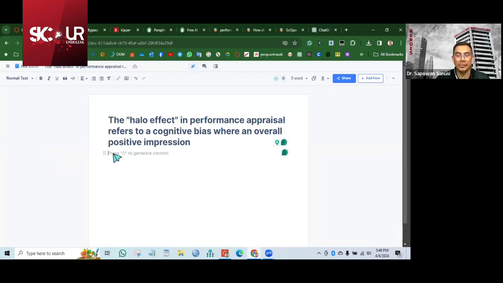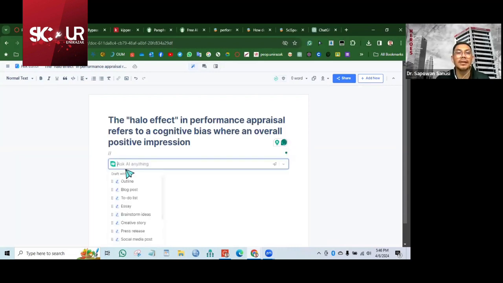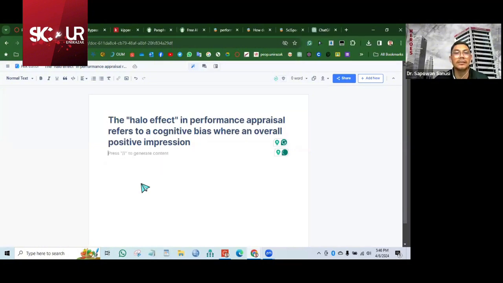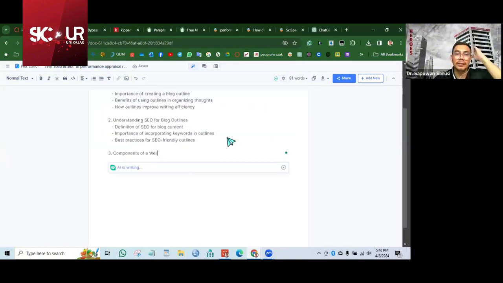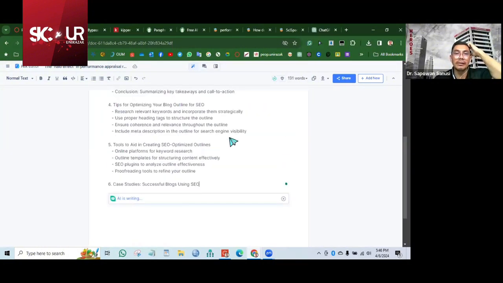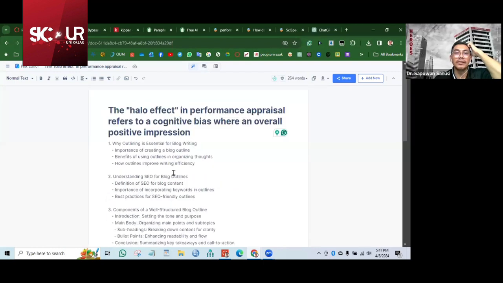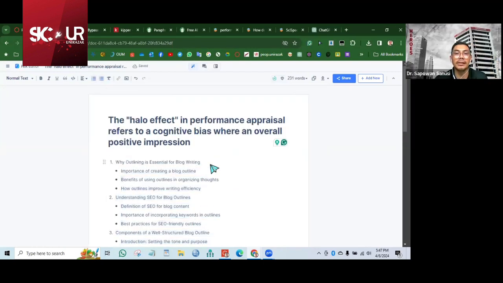Okay, you just go to here and then you click outline. Enter. Okay, they give you outline of the topic. Outline of this topic, dia bagi tahu.